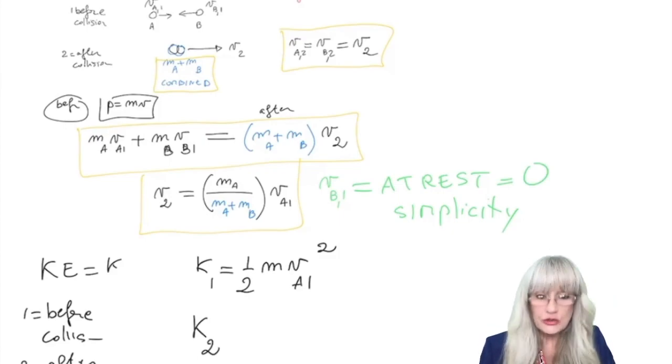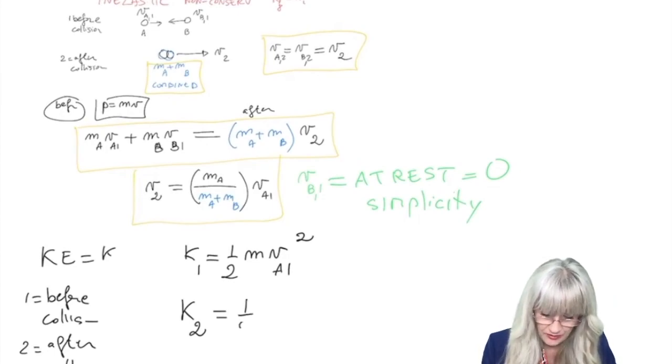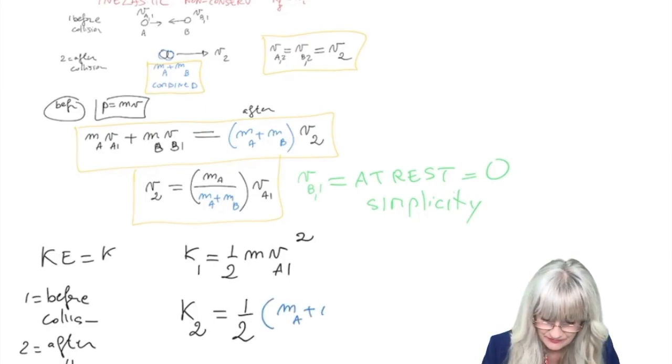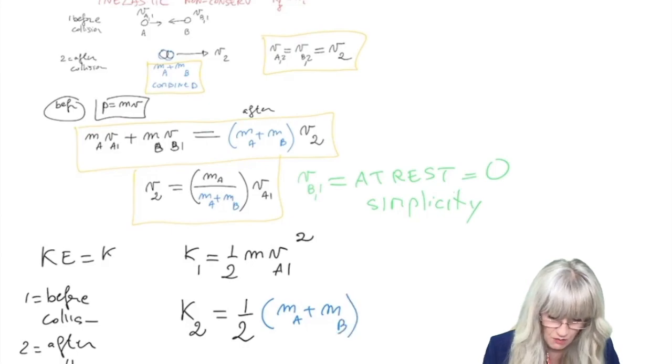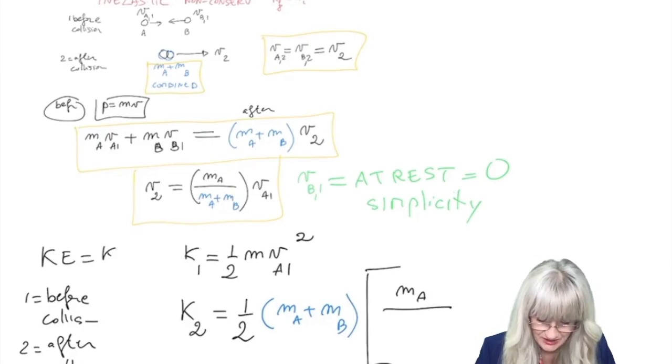So K2, the kinetic energy after the collision, will be 1/2 the combined mass, multiplied by a big parenthesis: the mass of A divided by the combined mass.